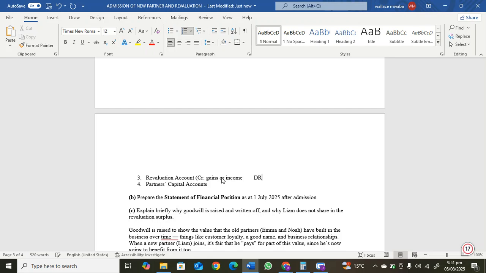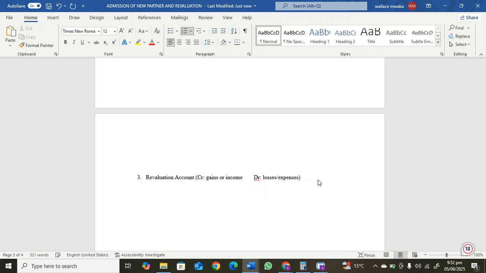Debit side is for losses or expenses. And here you need also to remember the double entry rules, because this revaluation account is mostly about the change in value of assets and liabilities. Okay, so let's begin.